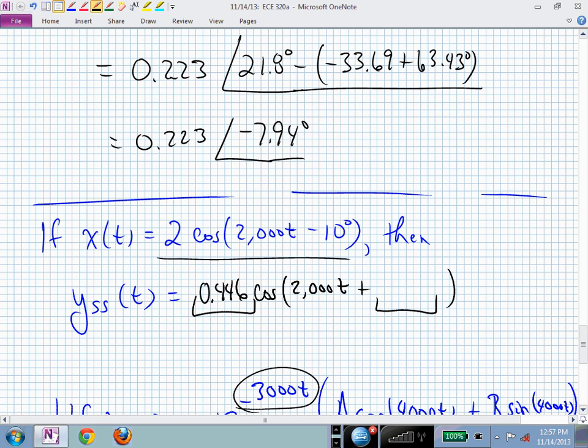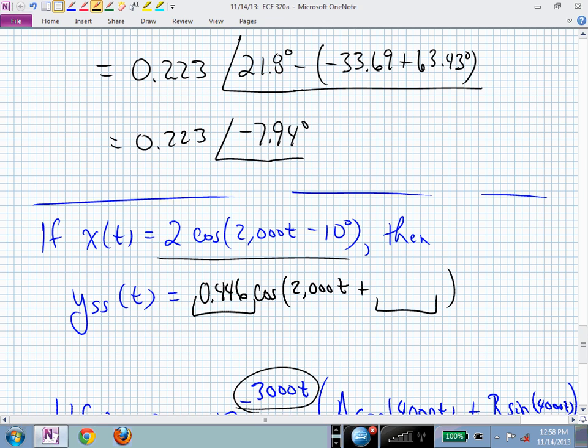So the system reduces your input amplitude by a factor of 22% as it passes through at a frequency of 2,000 radians per second. So that's 2 times 0.223 is your amplitude. We clear on that? These can be very quick fill-in-the-blank type of questions on exam 3 and the final. But you have to know what you're looking for.